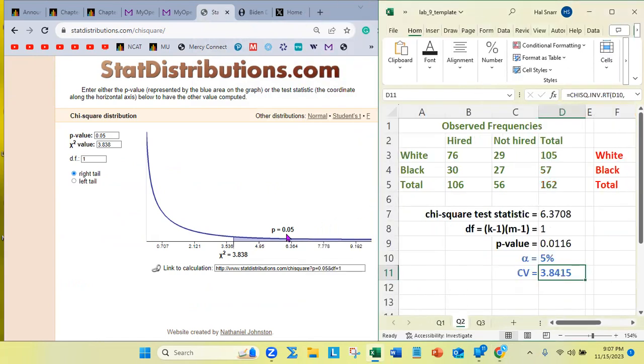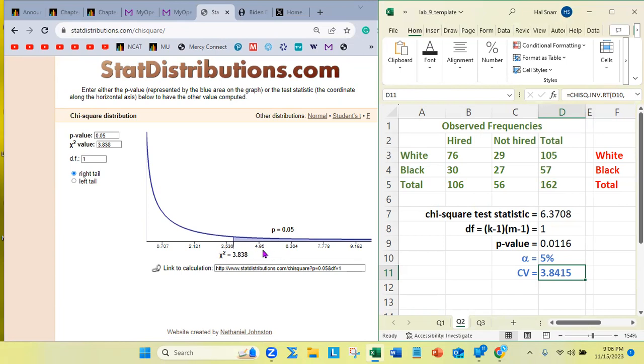Okay, so the significance level is 5%. Again, what I said is if the chi-square test statistic is under the white area, this white area is the non-significance area. This blue area is the significance area. So if the test statistic is on this side of the critical value, under the white area, the collective differences are insignificant.